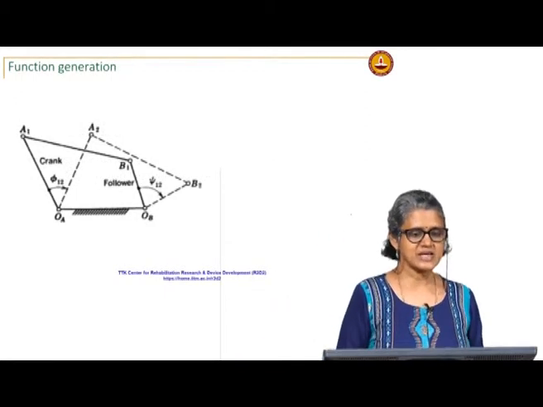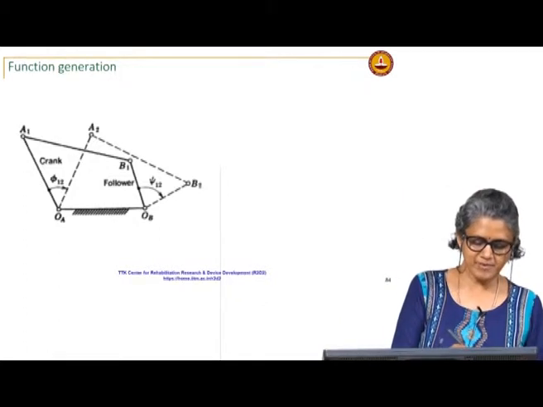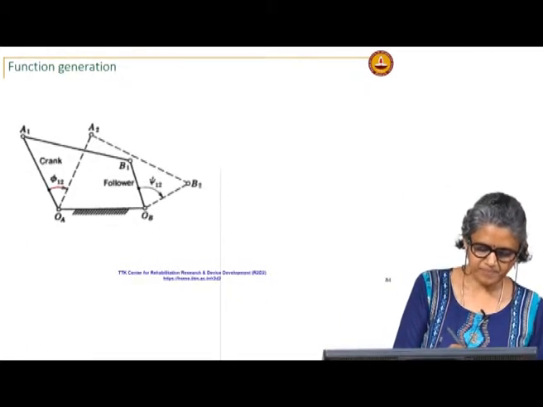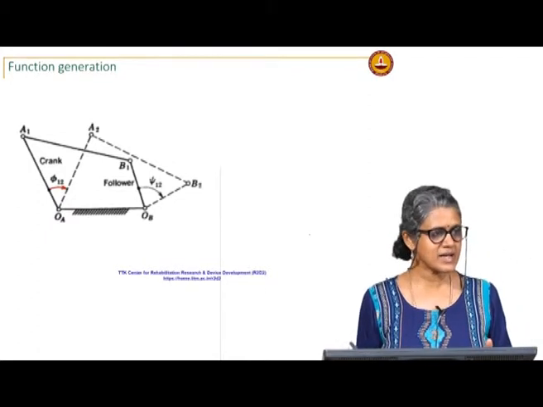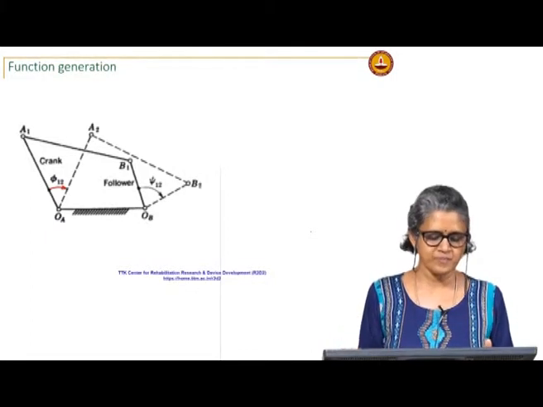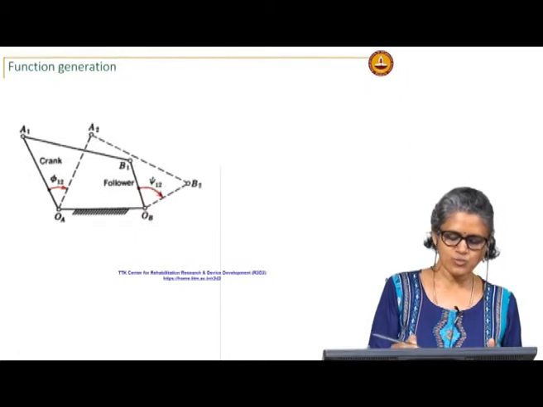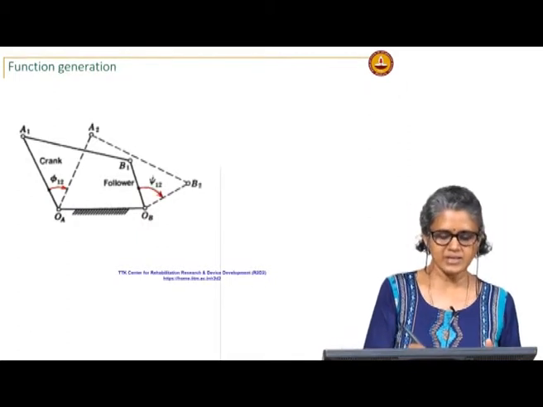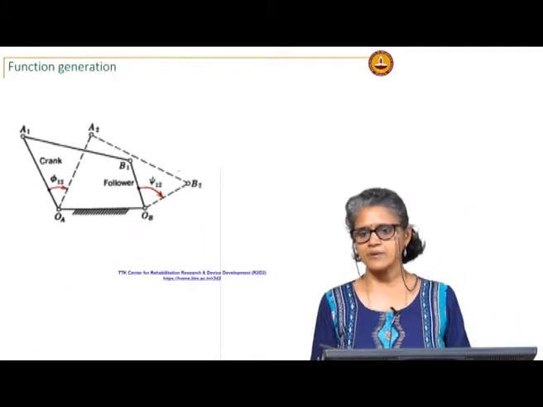So, function generation is essentially, if you give the crank a certain angle, if you move the crank through a certain angle phi 1 2, where 1 2 is position 1 to 2, I want the follower to move through an angle psi 1 2. So, that is my design requirement.